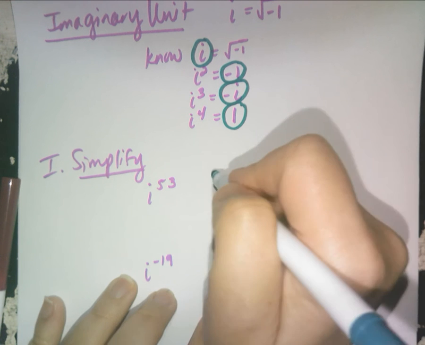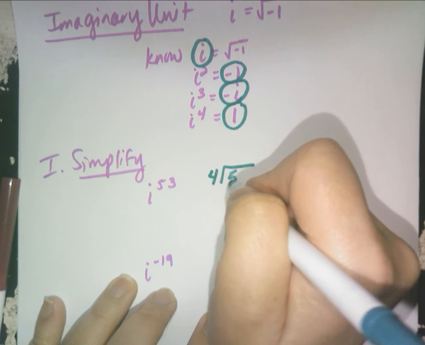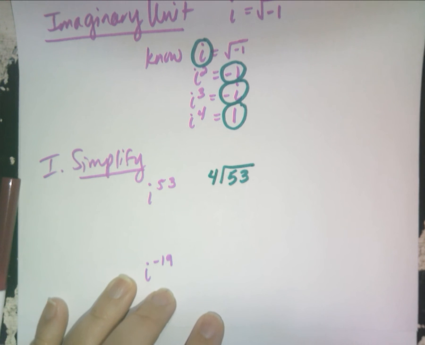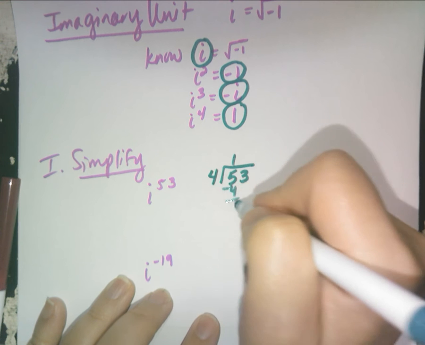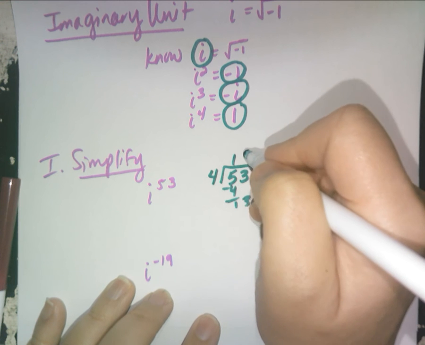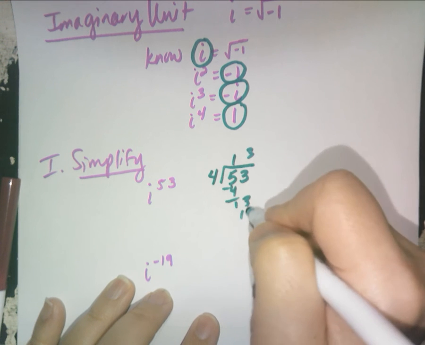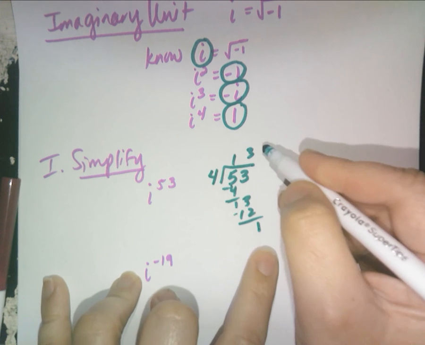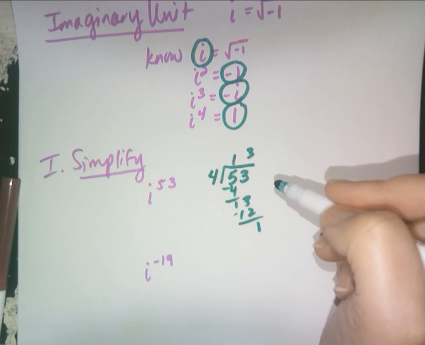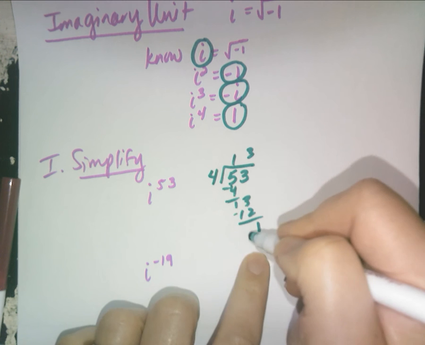So I'm going to take 4 into 53 by longhand. Oh man, we're going back to 6th grade math? Yes. 4 into 53. 1, 13, 4 into 13 goes 3 times, 12. Remainder what? 1. That means I had 13 groups of i to the 4, and remainder 1.